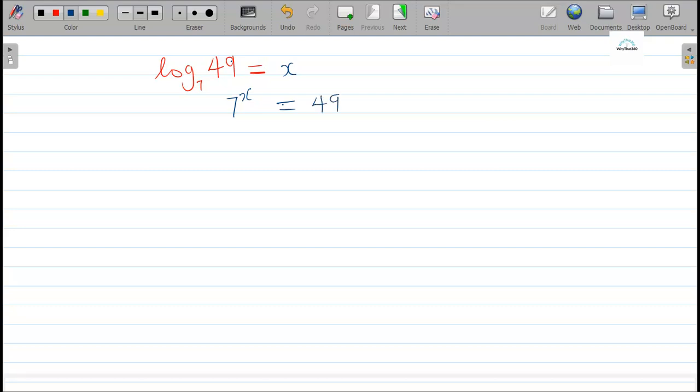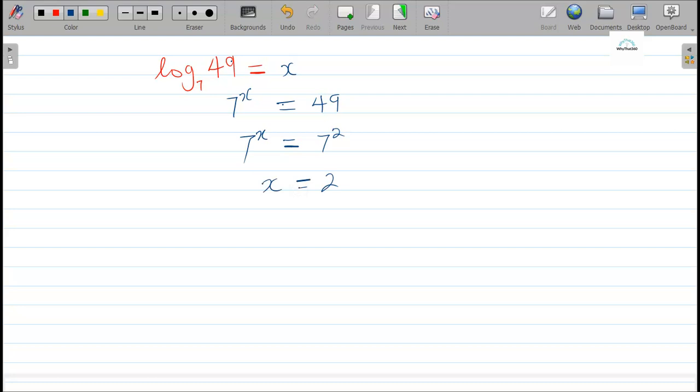Using the log definition, we have to look for x. Now 49 is 7 raised to the power 2, so since the bases are the same, the exponents also need to be the same. So x is equal to 2.